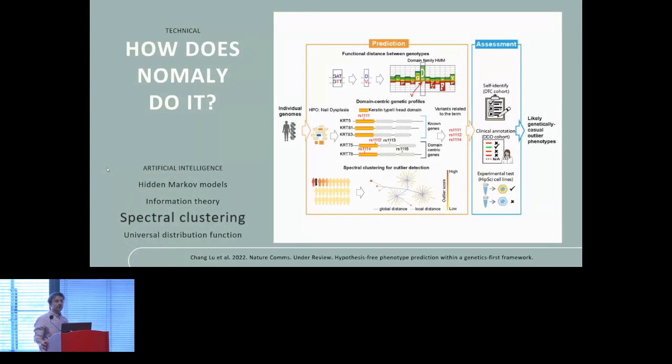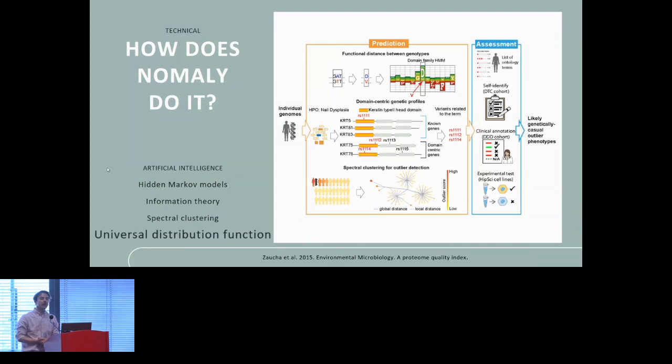We use linear algebra: we solve an eigenproblem for that, which is very similar to spectral clustering, used in image segmentation analysis. Then, to compare different phenotypes, which have very different landscapes, we use a universal distribution function that we also previously published. Now, this is not better or worse than existing state-of-the-art association-based methods.